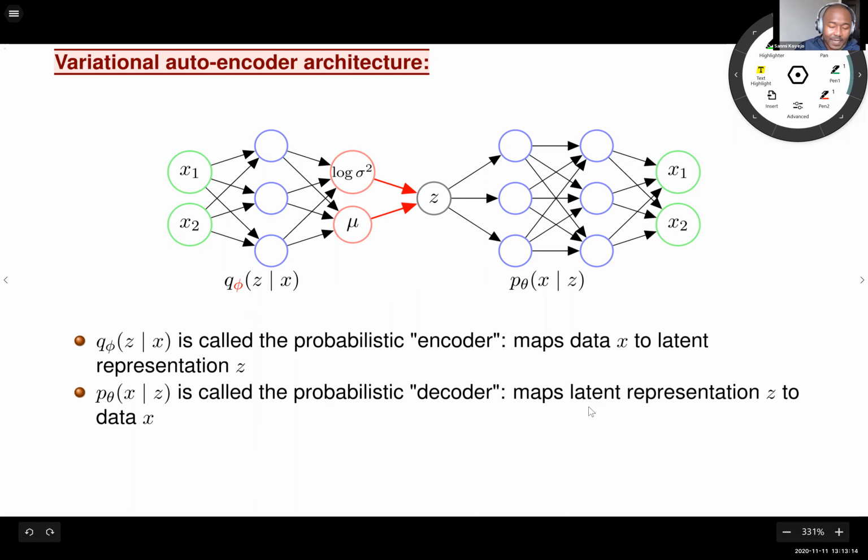And then P of X given Z is often called a probabilistic decoder. So this guy, we think about it as a decoder because it takes a latent code, a low dimensional representation, and pushes it up to something in full dimensional data space. And it does it probabilistically. So it's, again, capturing the parameters of a distribution.